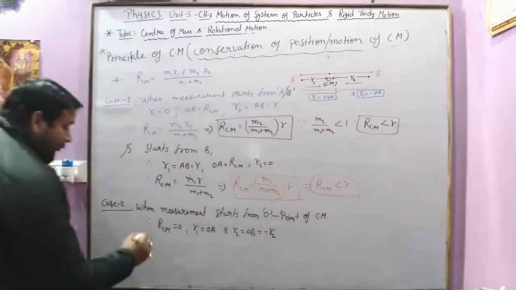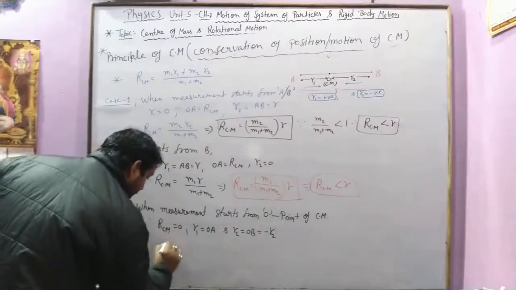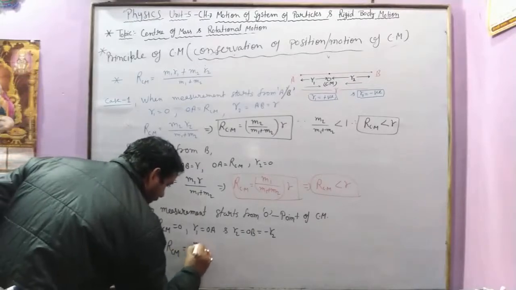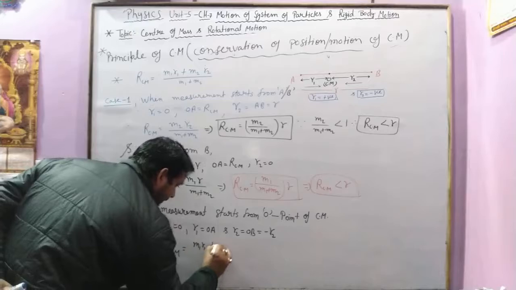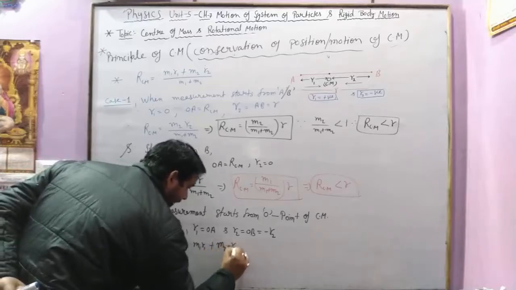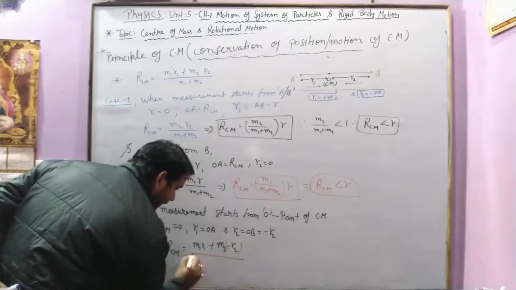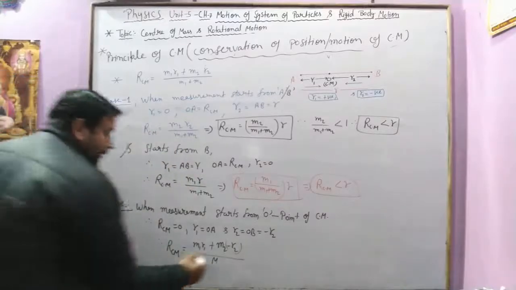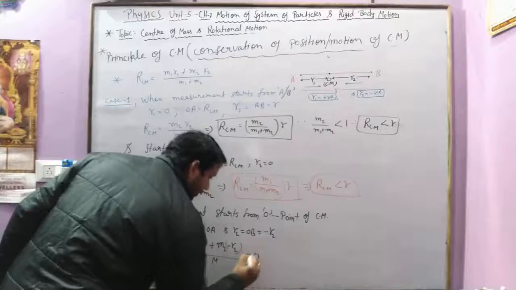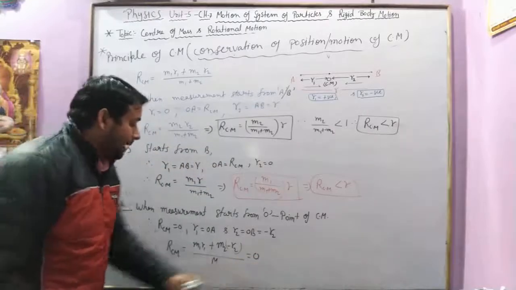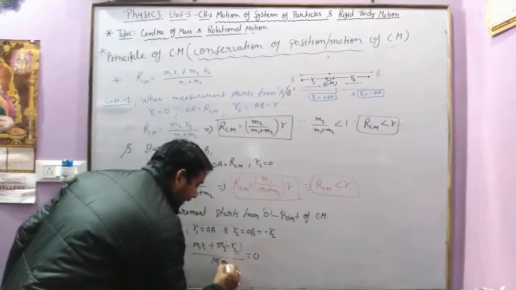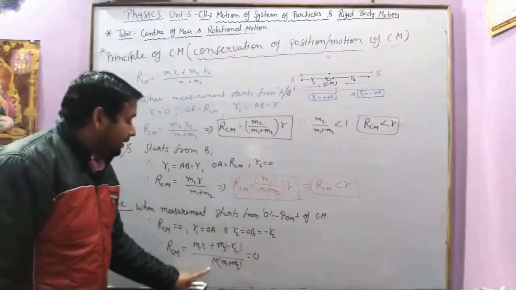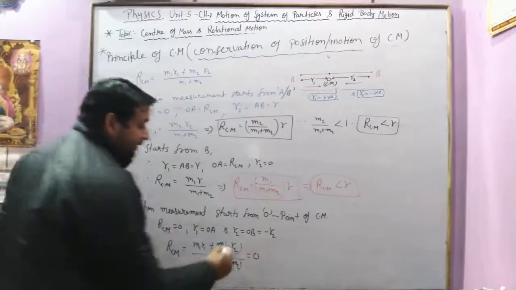Okay, therefore RCM is equal to M1R1 plus M2 into minus R2 upon M. This M multiplies here, and this value is equal to 0, so this M is equal to M1 plus M2. When this M multiplies with 0, we get the result 0.